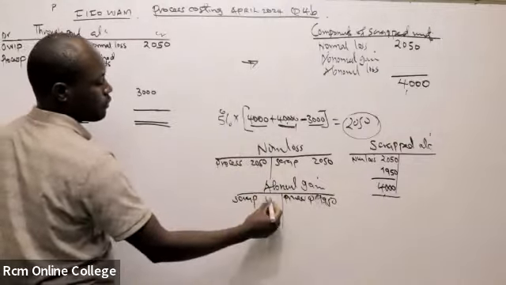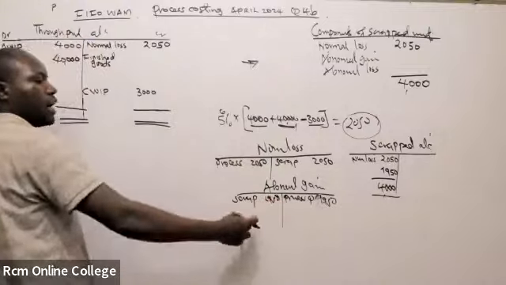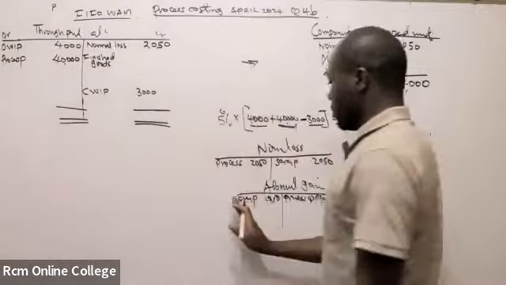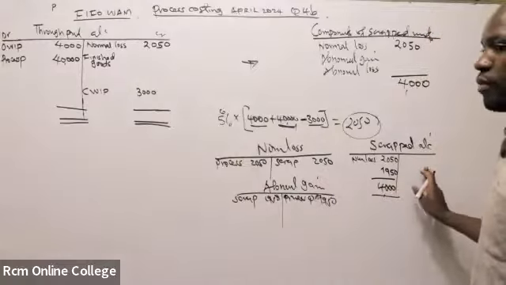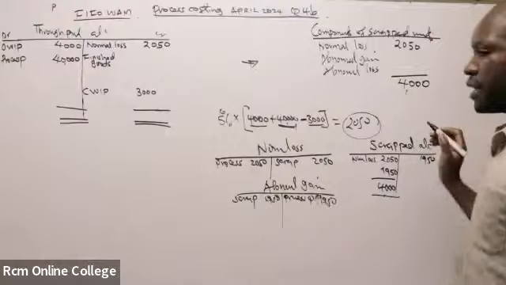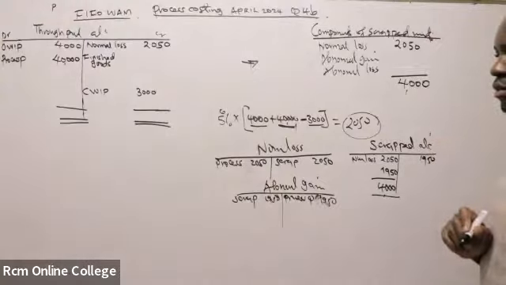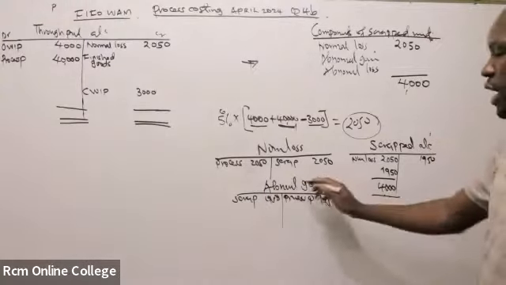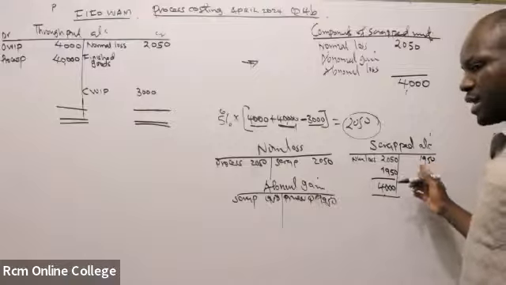I'll be taking the 1950 to the scrap account, so I'm debiting it here, and this side it will be credited, that is 1950. Is that the case for us? No, because abnormal gain will actually be on this other side.